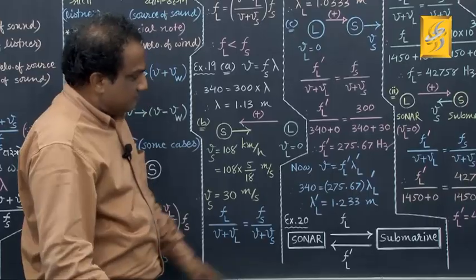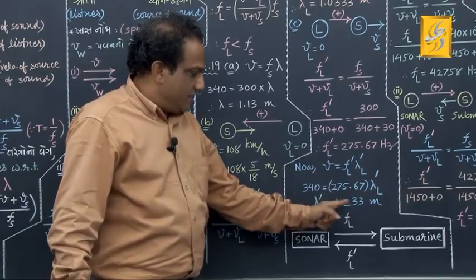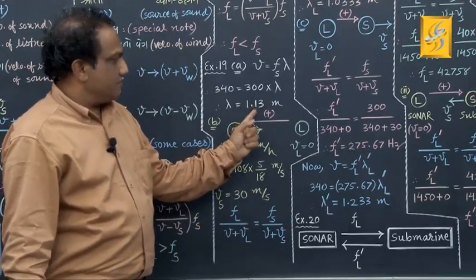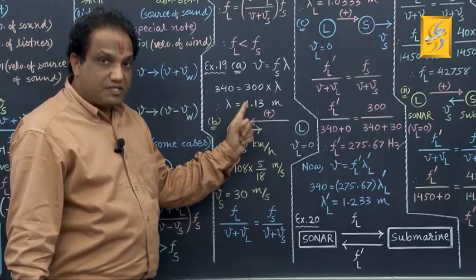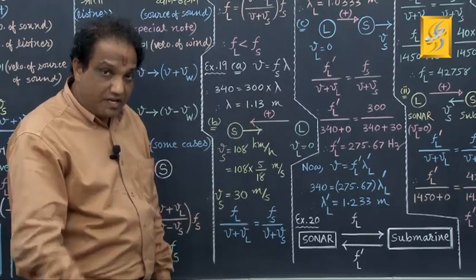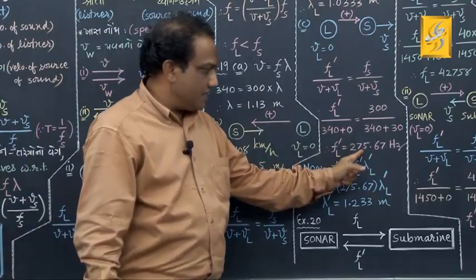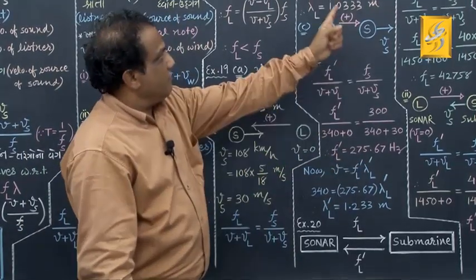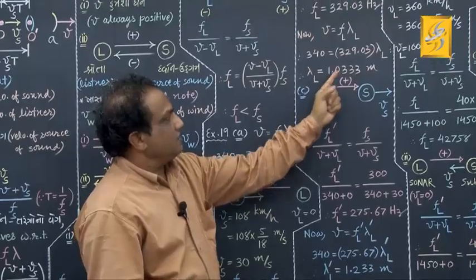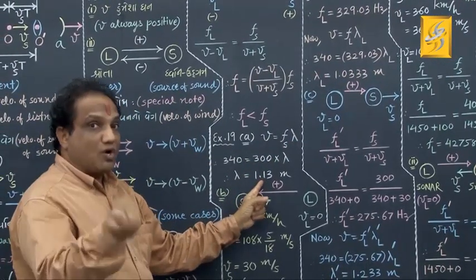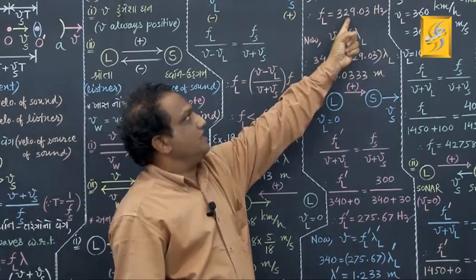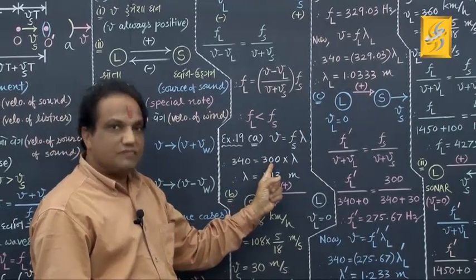Tell me why this wavelength is more than this. Because the frequency is less than 300, correct? And why is this wavelength smaller than that wavelength? Because this frequency is greater than that frequency, correct?